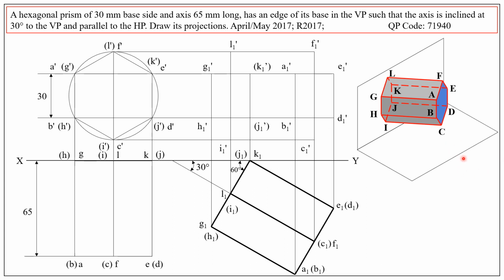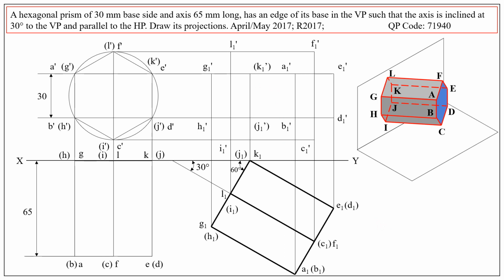Because when the observer stands in front of VP and looks in this direction, the 6 points A, B, C, D, E, F are visible to him because those points are nearer to the observer's eye. Similarly, I, H, G and L are visible, but J, K are on the other side of the solid. So those points are hidden by the solid. Therefore, they must be put within bracket.